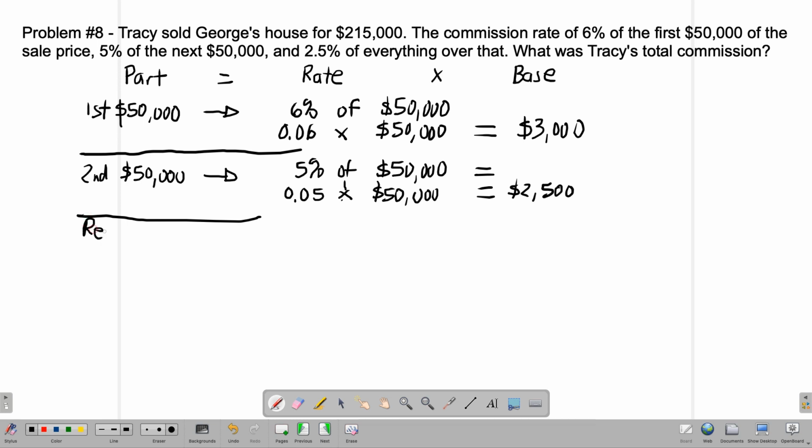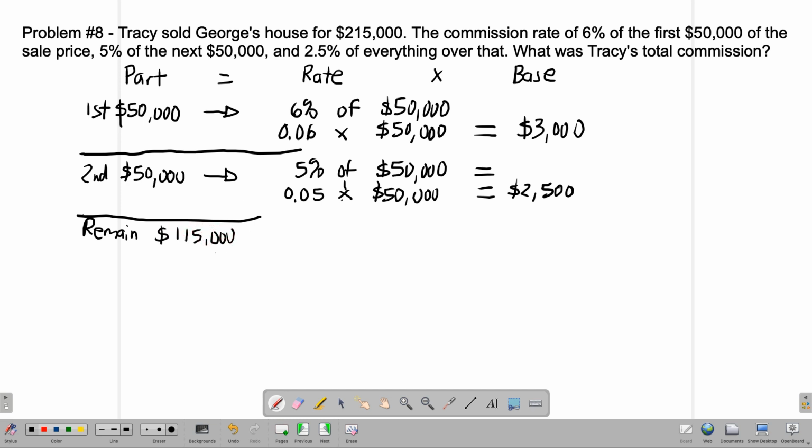And of course, we said that we have to look at the remaining items. So from what remains, we have 50,000 and 50,000, that's 100,000. The price of the home is 215,000. So that says that what remains is a value of 115,000.